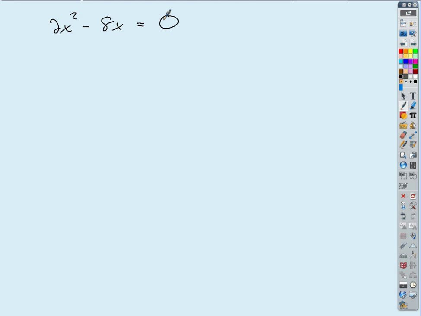We'll come back to the last one in a moment. This is an easy one. What am I going to factor out? 2x. Leaving me with, what, x minus 4? Right? Okay, so now what happens if I divide each side here by 2?